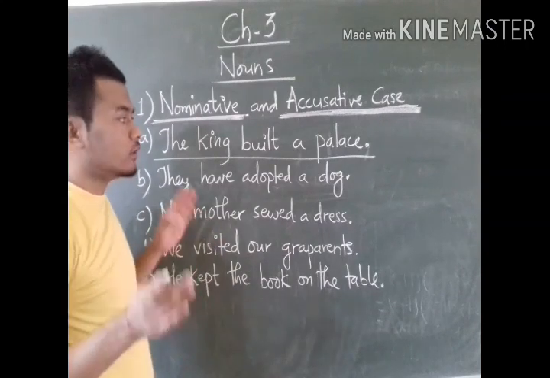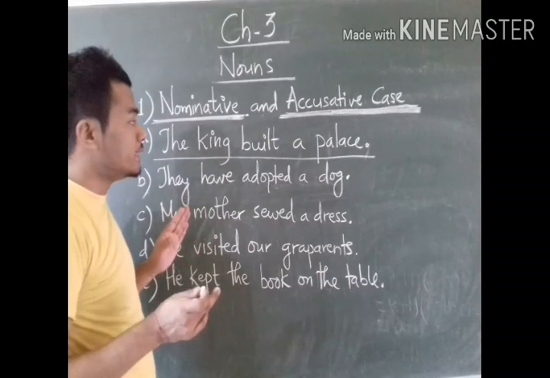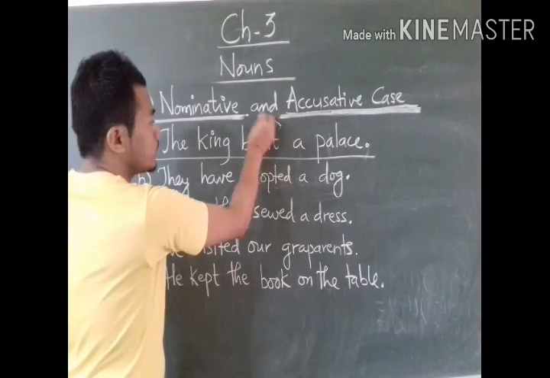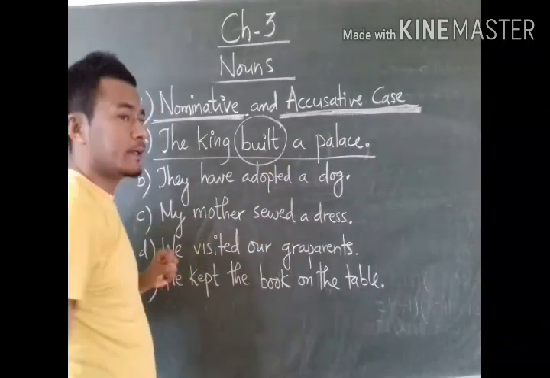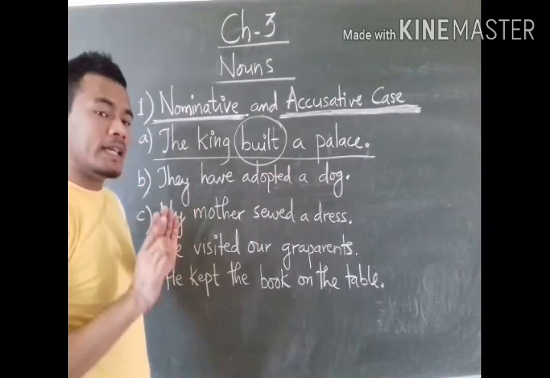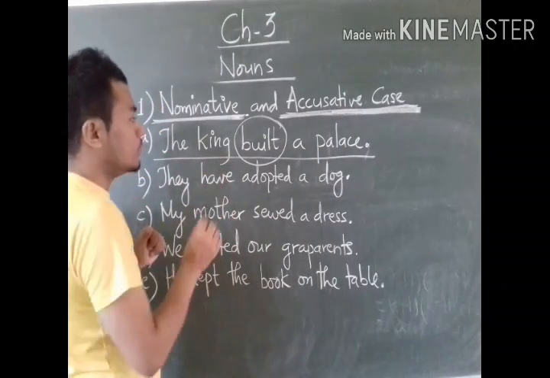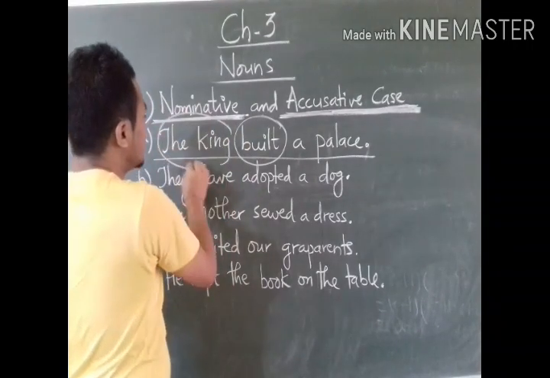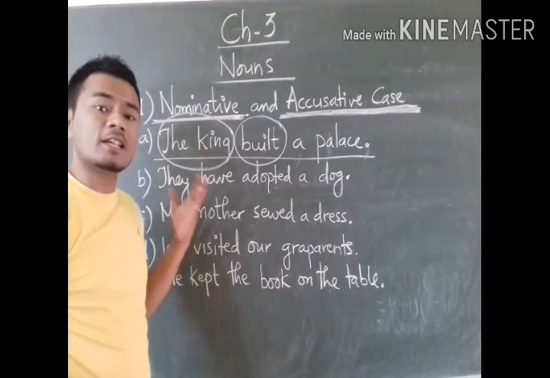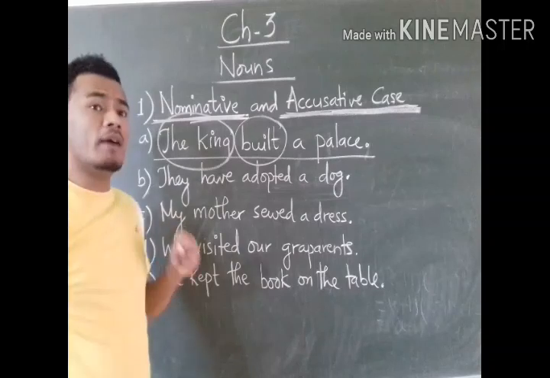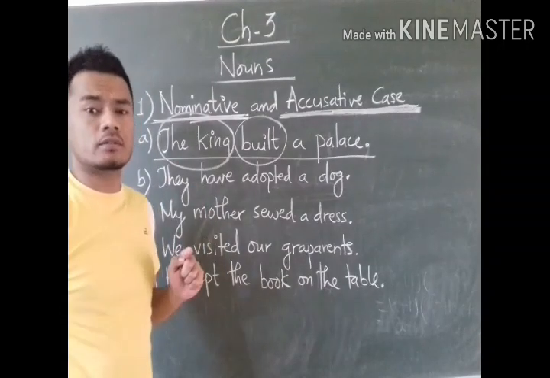If you try to understand what action is done in this sentence, it is the action of building, that means build. Simply, if you say the sentence is about whom? The king. The king is the subject of the sentence. But to understand the nominative case, we have to understand the main subject.